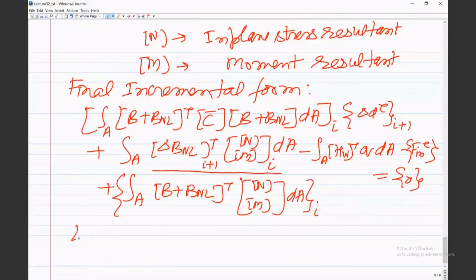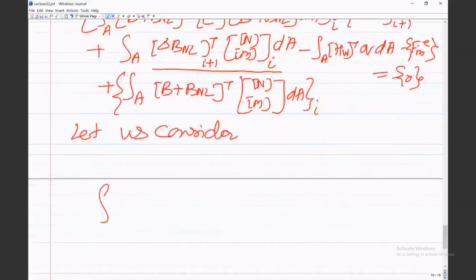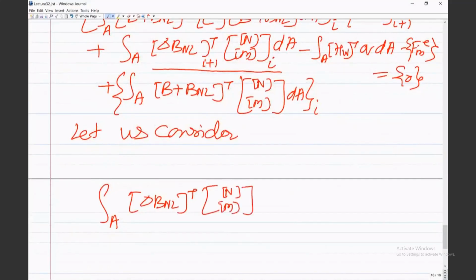So if you look at this term, let us consider this integration. We have integration over area, and then delta BNL transpose, and then you have this N matrix and M matrix.